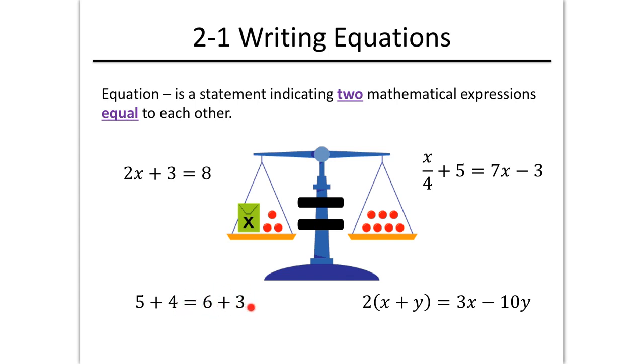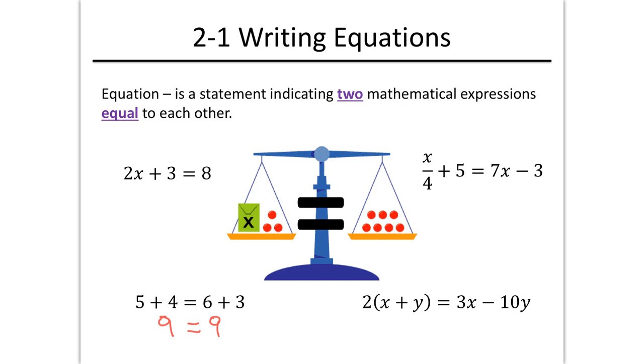And then we have a different expression, 6 plus 3. But guess what? That's also 9. And let me write that down so you can see that on the left side, 5 plus 4 is 9, and it equals 6 plus 3, 9. So that's a balance. We have the same weight on each side of that scale, or on each side of the equal sign. So it's just a balance that we need to have.